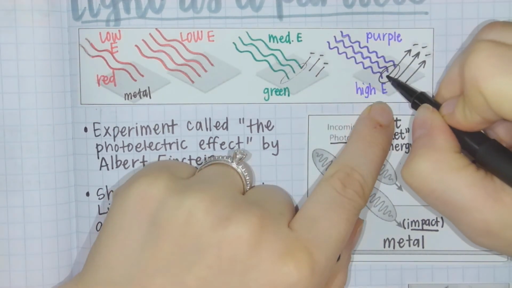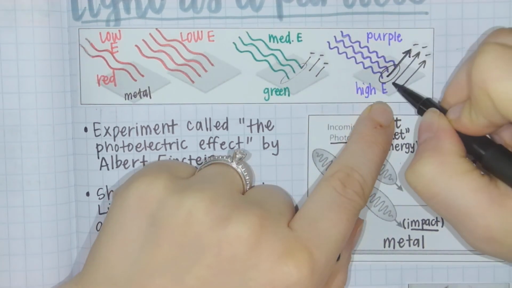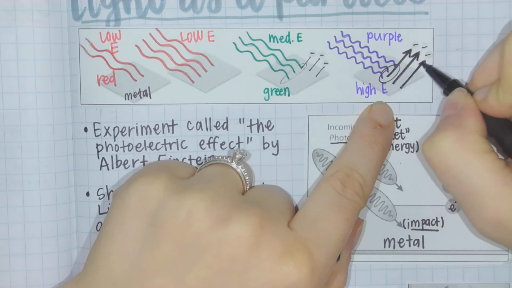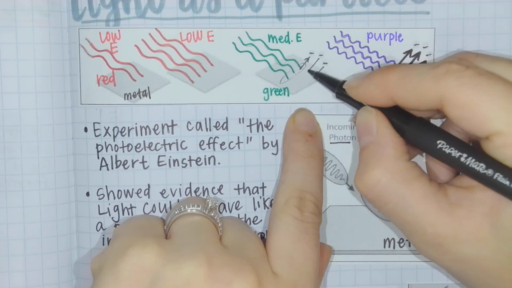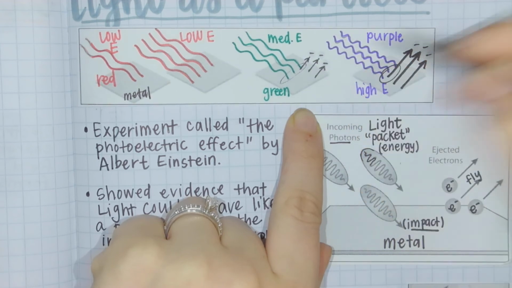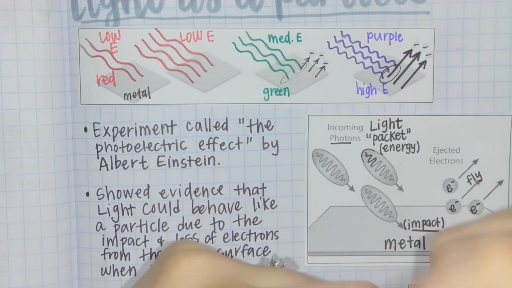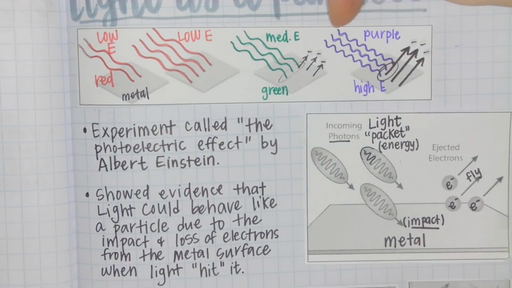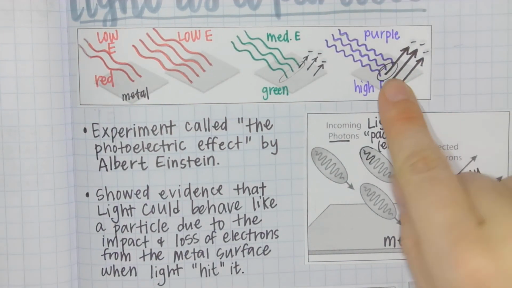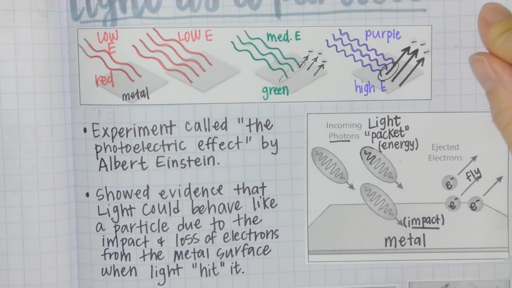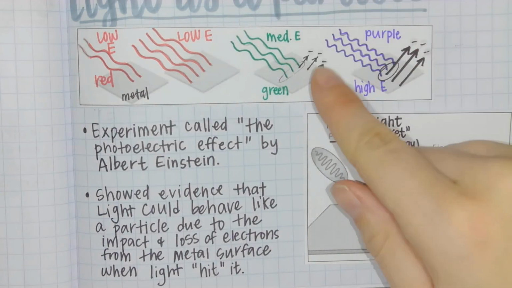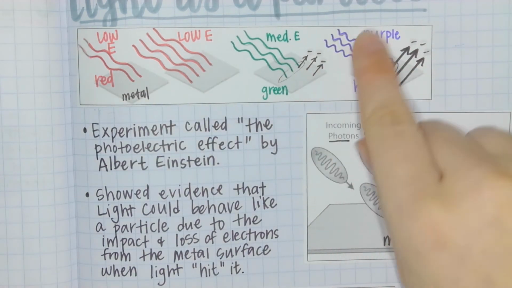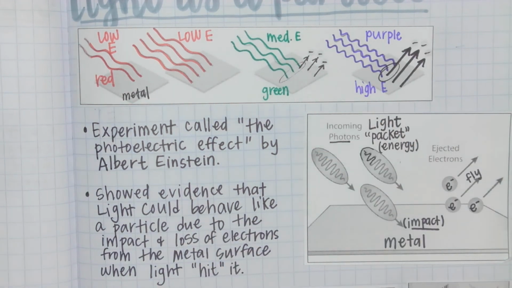These arrows are like ka-chow on the purple. Very long, very mucho, and here it's like medium, not super mucho. When you have a lot of energy coming in, then you have a lot of energy left over after the impact. When you only have medium energy coming in, then you only have medium coming out.